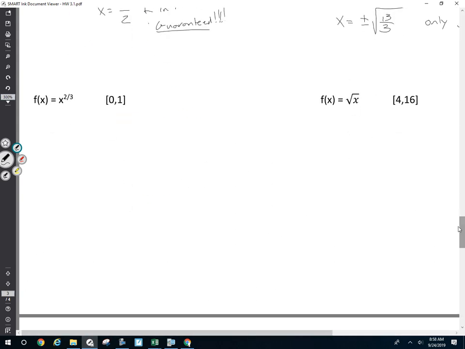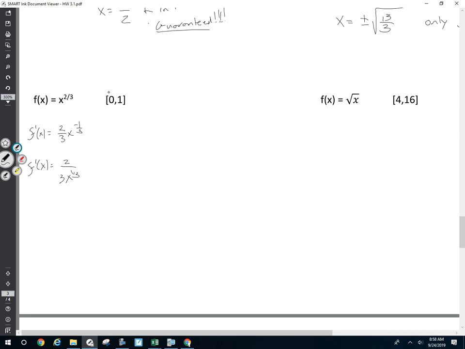Next. So 2/3 from 0 to 1. Let's see. Now this is interesting. I got 2/3 x to the negative 1/3, which is 2 over 3 x to the 1/3. X is 0. This doesn't have a tangent slope.